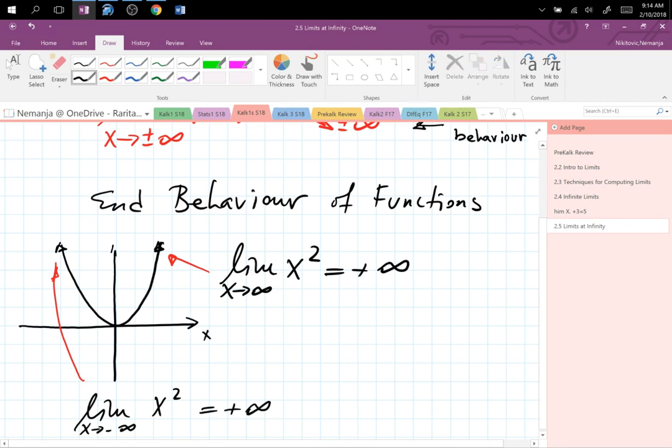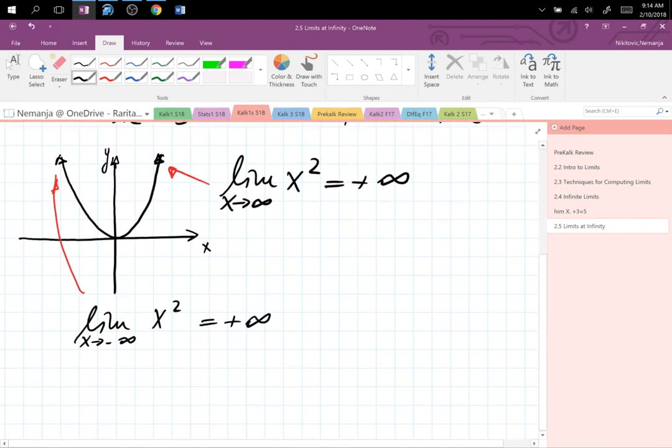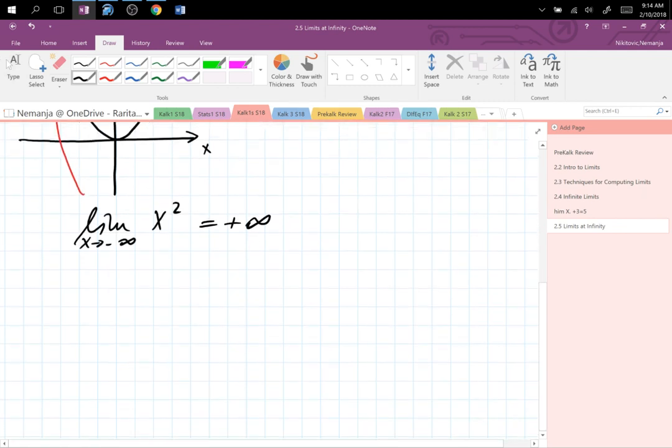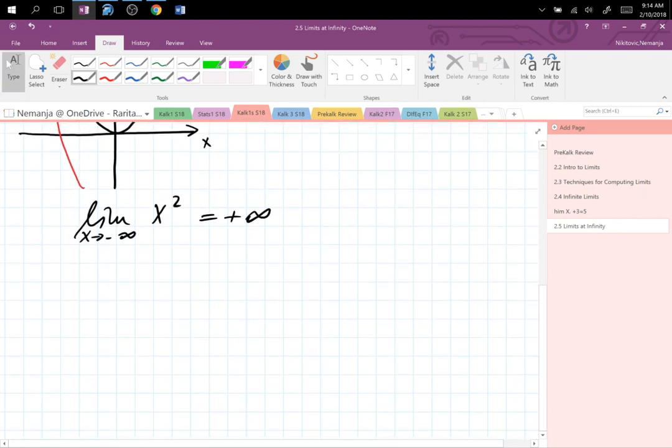Hopefully that makes sense as well. Because as you go infinitely to the left, the arrow will still go infinitely up. So technically, each one of these functions where arrows go either up or down will have these end behavior limits, and we can summarize that in this chart.